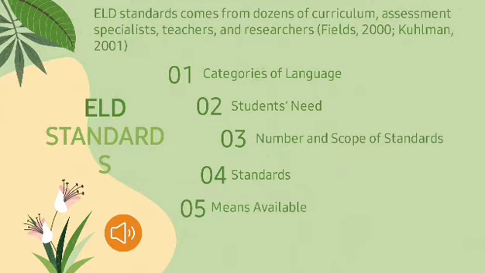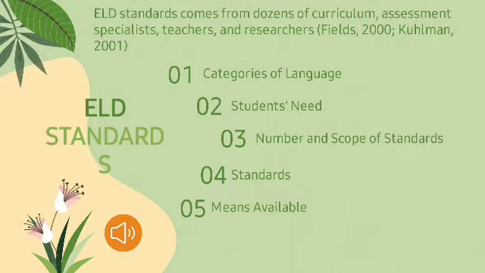First is categories of language, which consist of pragmatics, discourse, social linguistics, SFL, and so on. The second domain is students' needs. The third domain is number and scope of standards, so there will be a realistic number and scope of standards to be included within a given curriculum.